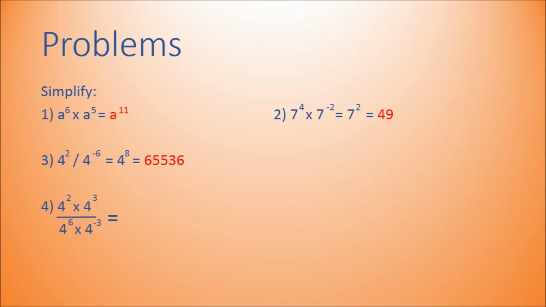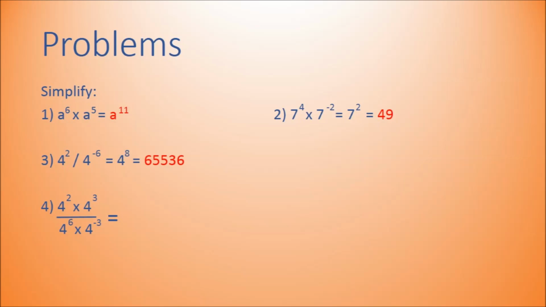And then for number 4, we're going to combine multiplying and dividing into one problem. So here you have 4 squared times 4 to the 3rd over 4 to the 6th times 4 to the negative 3. So in this case, I would go ahead and combine the numerator and the denominator bases first. So 4 squared times 4 to the 3rd, you add those exponents and you get 4 to the 5th.